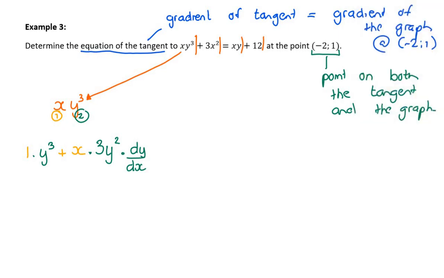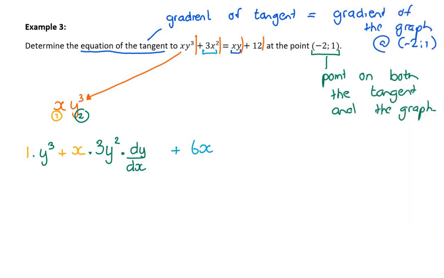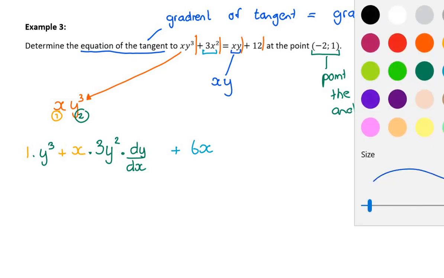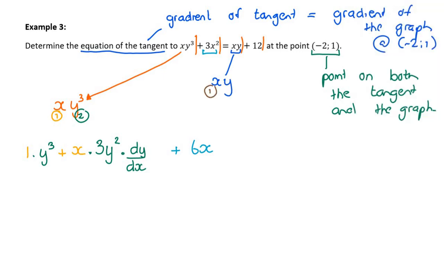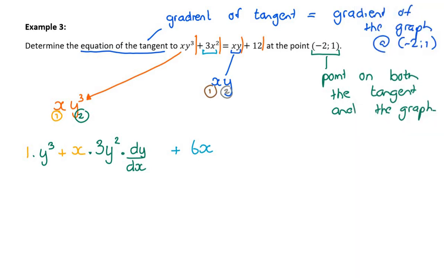On to the next term, 3x squared. That's not a chain rule, it's just 6x, because x isn't a function of anything else. Now we have another product, because in xy, x would be the first function, and y would be the second function.